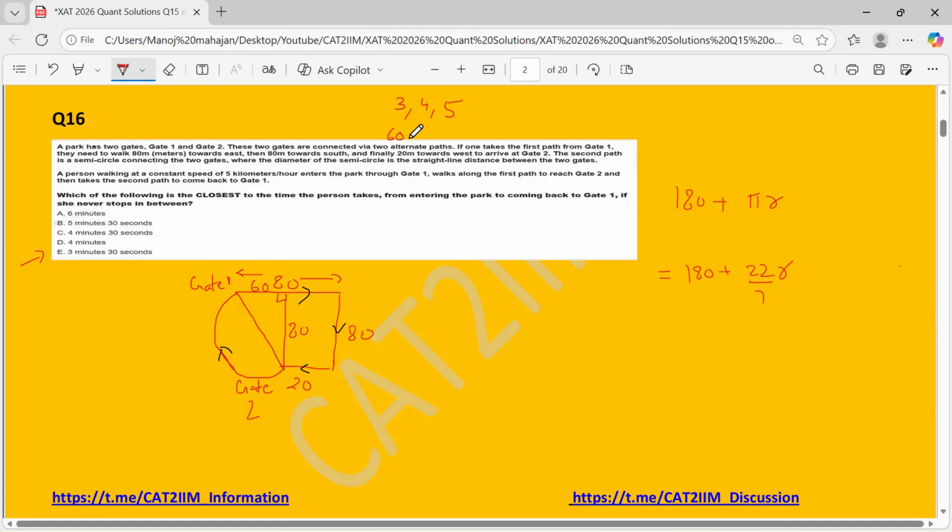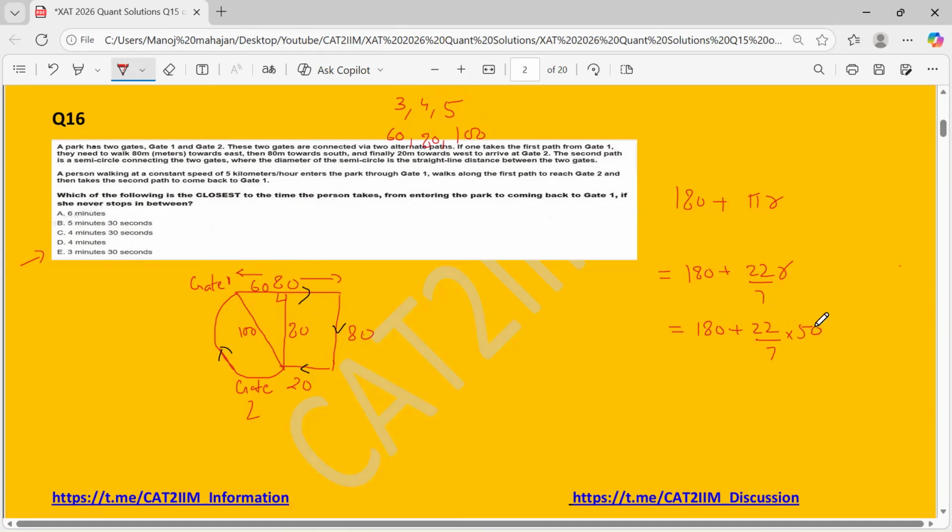But you can figure out easily: 3 into 20 is 60, 4 into 20 is 80, 5 into 20 is 100. So this part would be 100. So the diameter is 100. Remember, the radius would be half of that. So this would be the calculation we have to do.